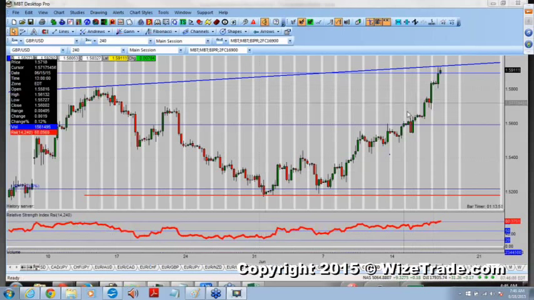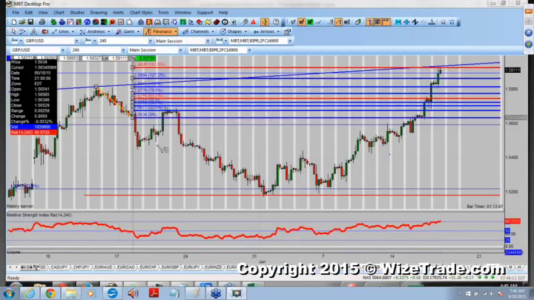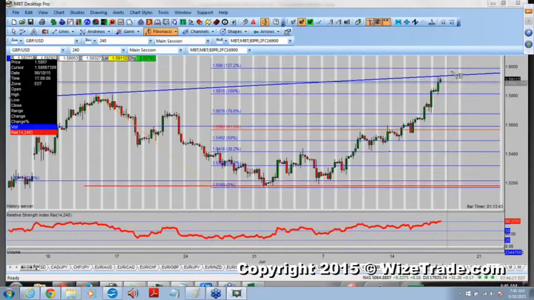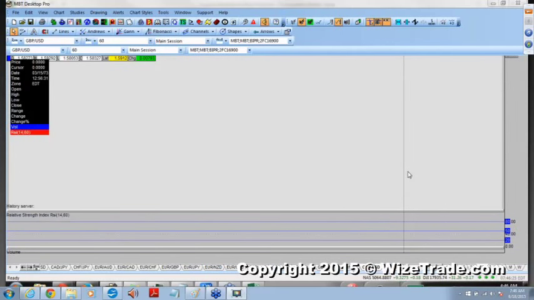Okay. So I think the 127% extension still takes us further. Yeah, that takes us to basically 160. And let's go over intraday.